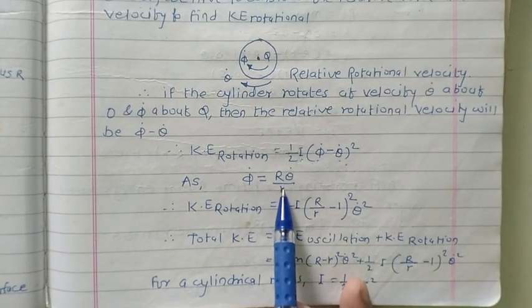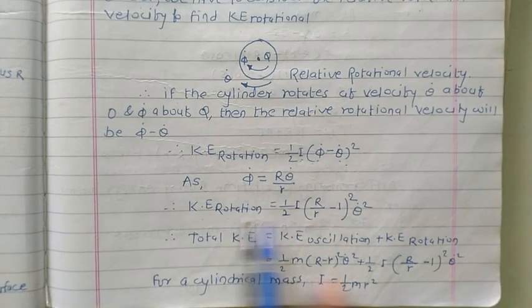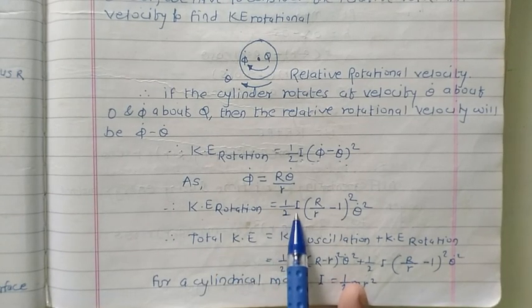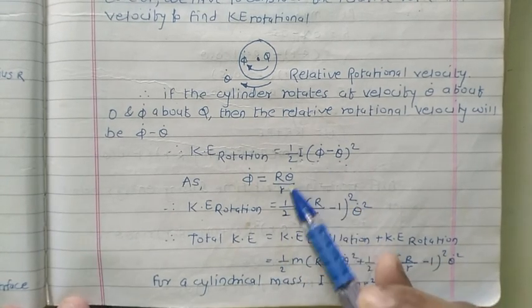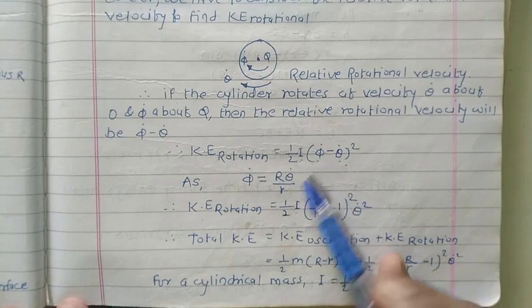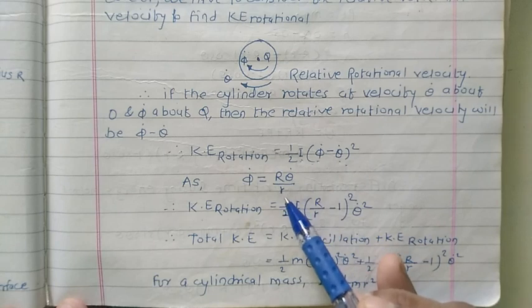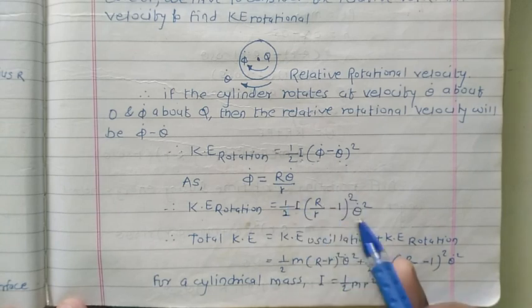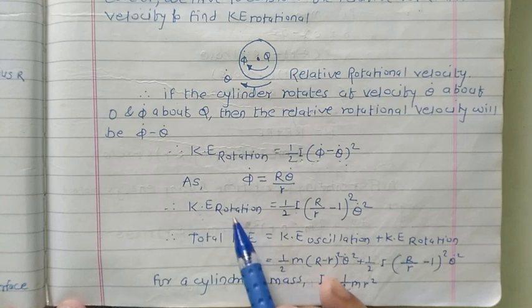Okay, so we can get the kinetic energy possessed by the cylinder during the rotational motion in this way, 1/2 I into, so what's about this term? You have to replace this phi single dot by this term, theta single dot divided by r. Okay, if I substitute here, theta single dot is common, so take this theta single dot as common. Okay, so we can get the relation for this kinetic energy possessed during the rotational motion.